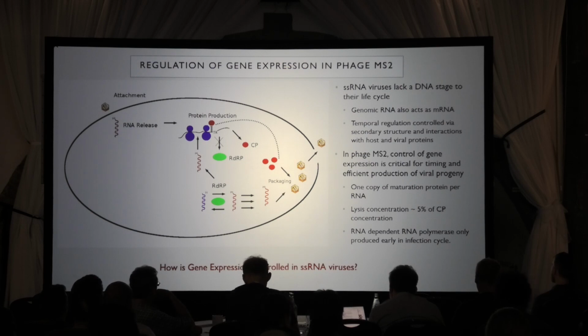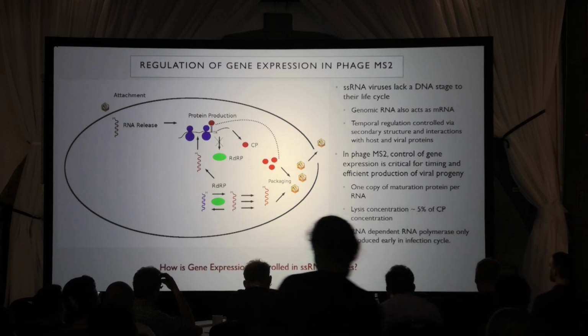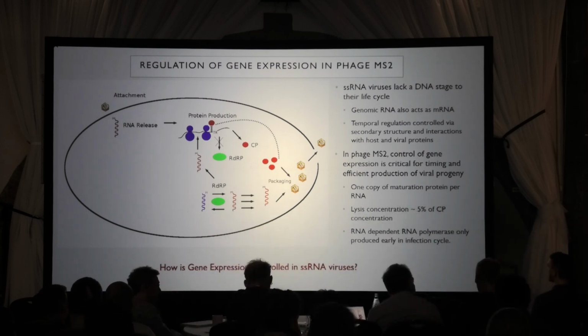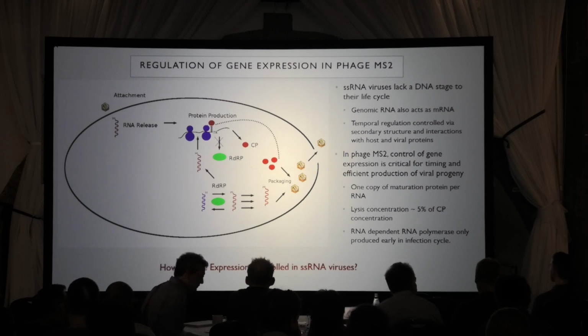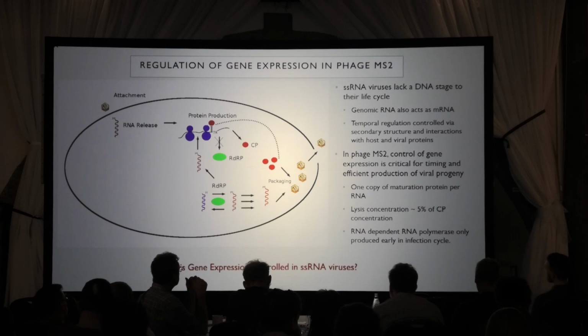What's interesting is that because single-stranded RNA viruses have no DNA stage to their infection cycle, all of the regulation and control of the quantities of viral proteins and the replication process has to be controlled via the secondary structure of the messenger RNA.